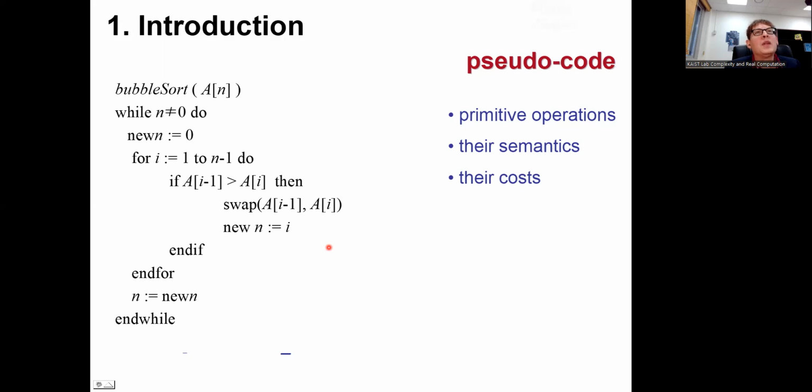What we do not see here yet is how much every single operation costs. For example, this assignment or this swap operation may be counted as one operation, or maybe analyzed more carefully. It depends on the size of the data being swapped here. So pseudocode, but we're also going to encounter other ways of describing algorithms.